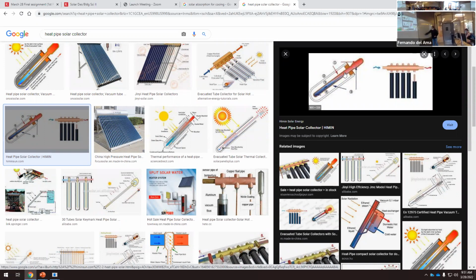So if we look at the pipe this way, the fluid will be here. And this bottom part of the pipe is a mirror.